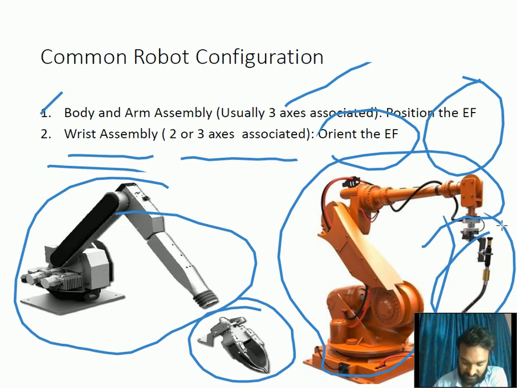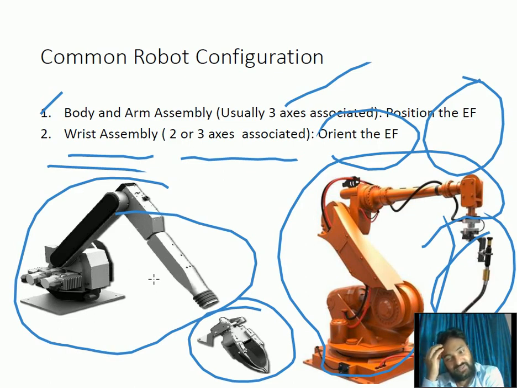So this one is another example of body and arm and wrist assembly. What is the end effector? The end effector is mounted at the end of the robotic arm, because there are some objectives for using a robot.